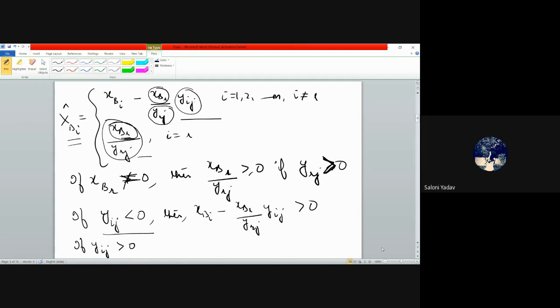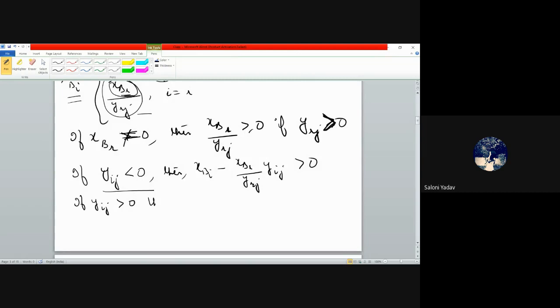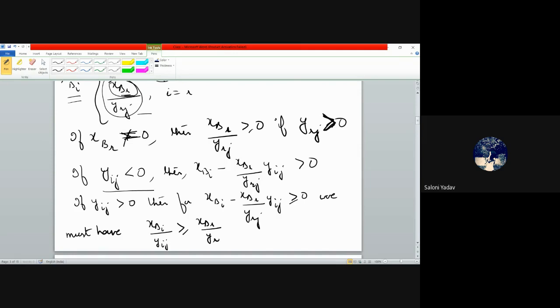Now, if YIJ is more than 0, then for XBI minus XBR upon YRJ into YIJ to be more than or equal to 0, we must have that XBI upon YIJ should be more than or equal to XBR upon YRJ.